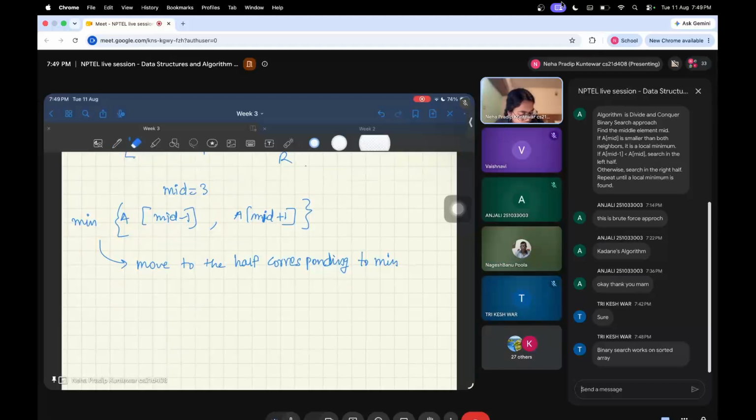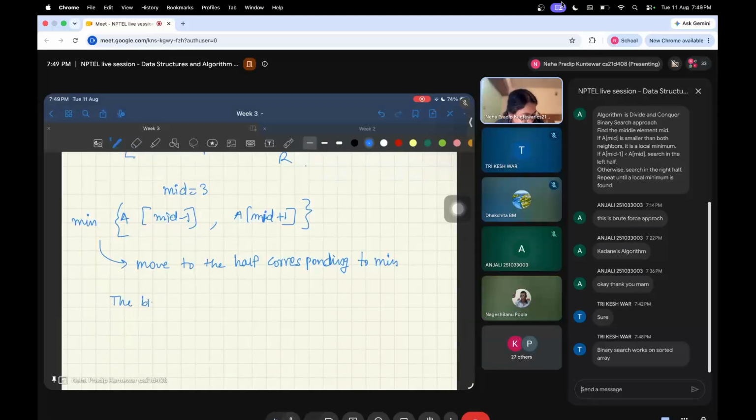So the binary search algorithm fails because we cannot make a decision correctly.